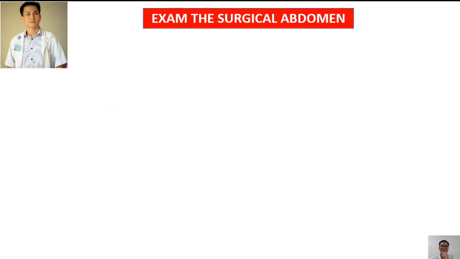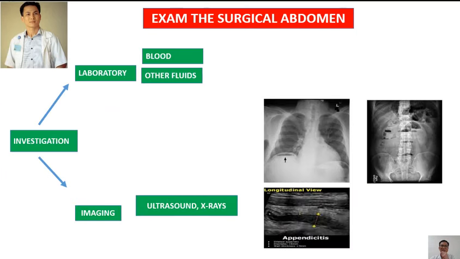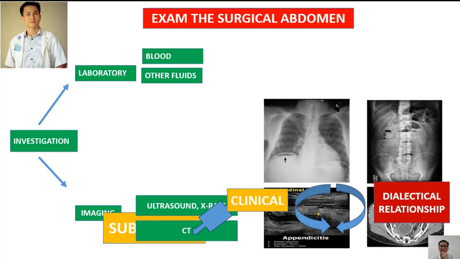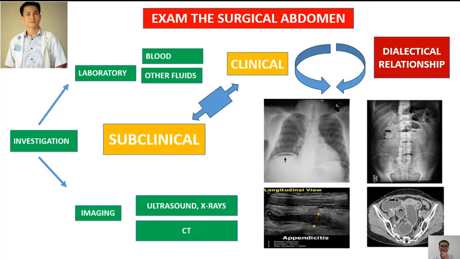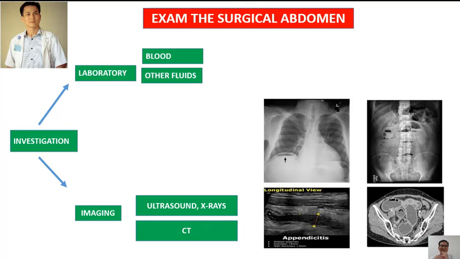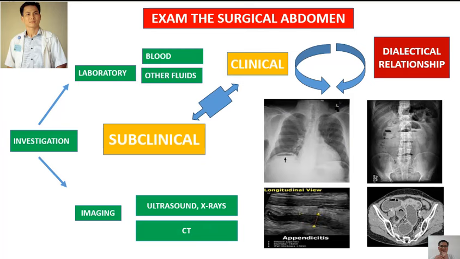Next, we talk about the subclinical and surgical abdomen. Usually, there are abdominal X-ray, ultrasound, and CT scan. These imaging modalities can reveal signs such as gas and fluid levels or dilated intestines, which may suggest an intestinal obstruction.